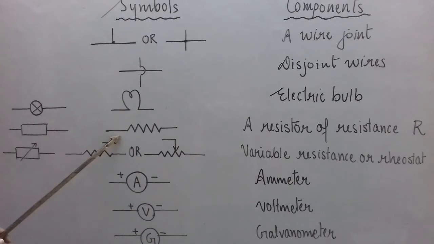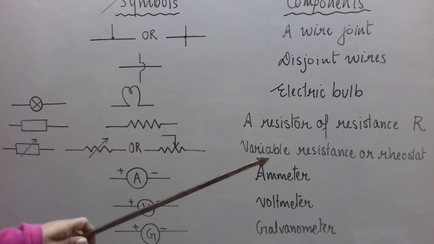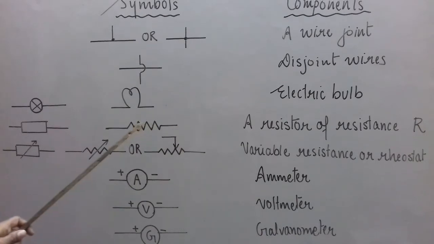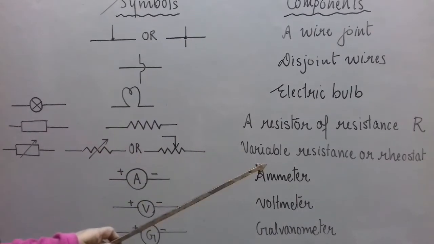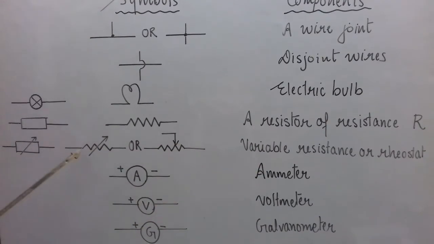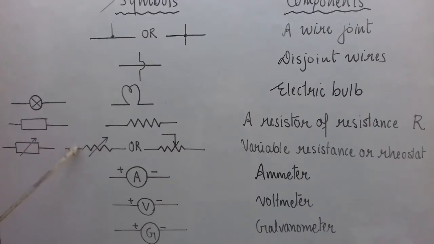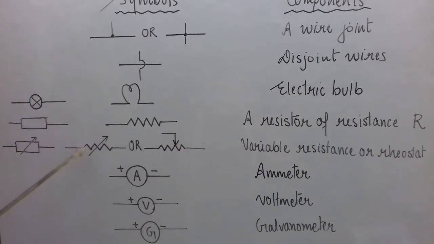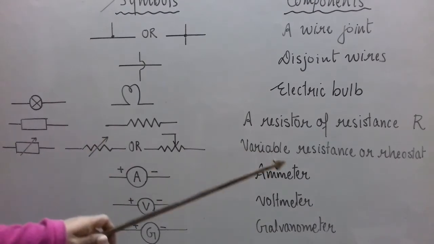Sometimes, instead of saying a resistor of resistance R, simply the word resistance is used. So here we can have variable resistance, or a rheostat is a device which provides us variable resistance. This is a symbol for variable resistance, just like this but with an arrow over it. Or there is a special symbol for rheostat also.